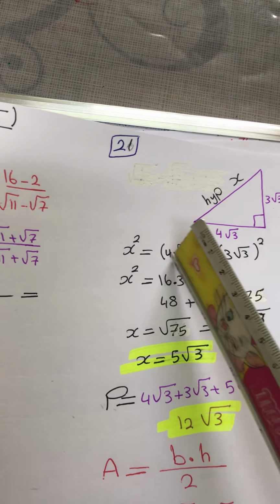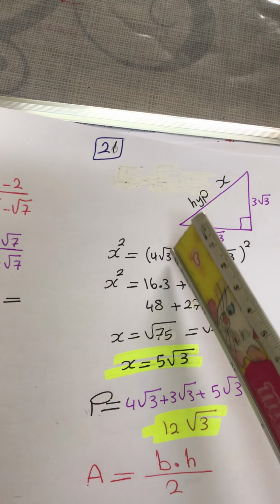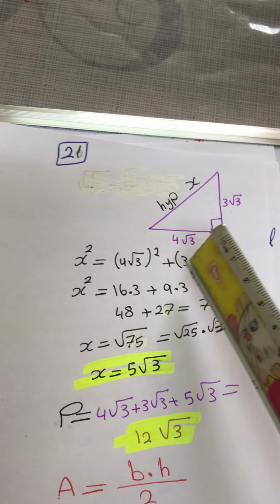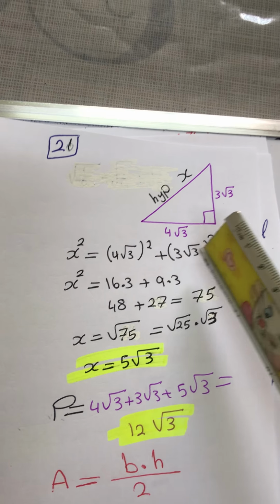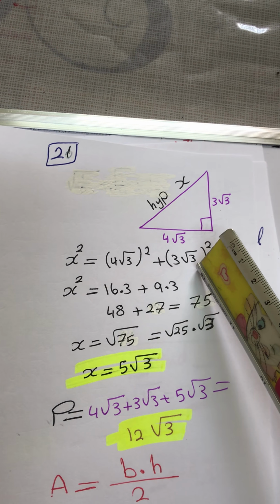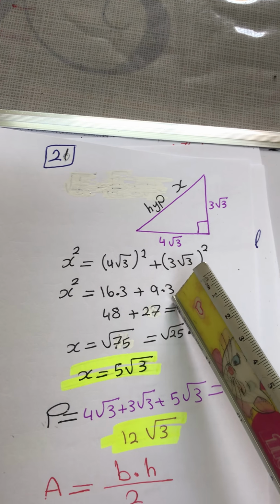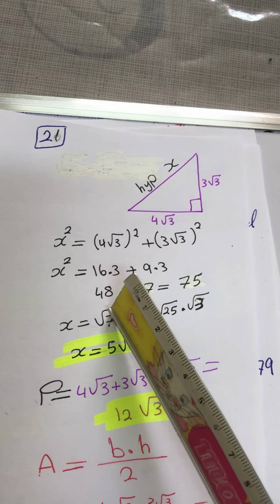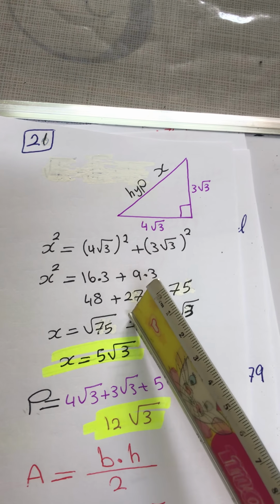So the square of 4 is 16, the square of the square root of 3 is 3, so 16 multiplied by 3. The square of 3 is 9, the square of the square root of 3 is 3, so 9 times 3. Now x squared equals 16 times 3, which equals 48. 9 times 3 equals 27.